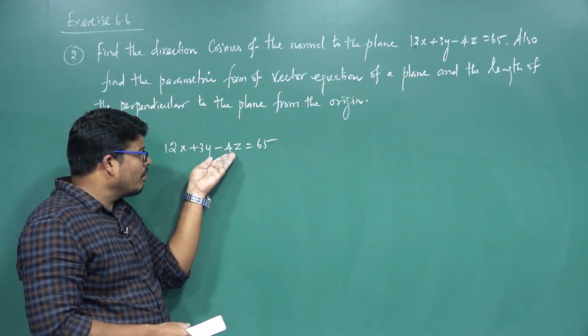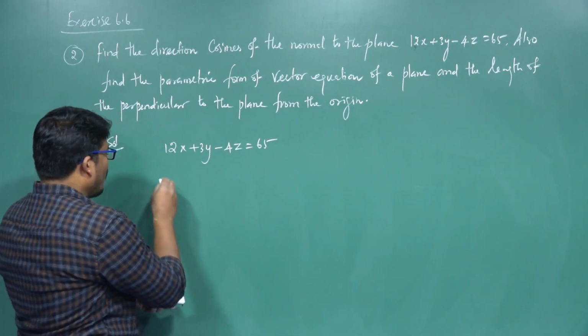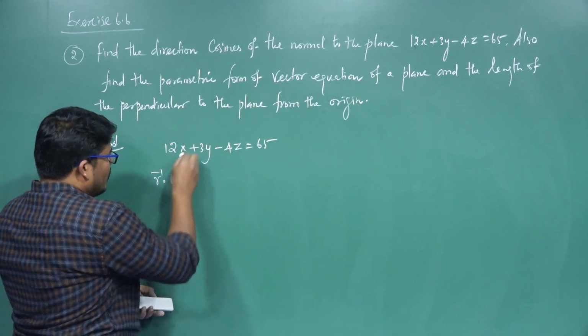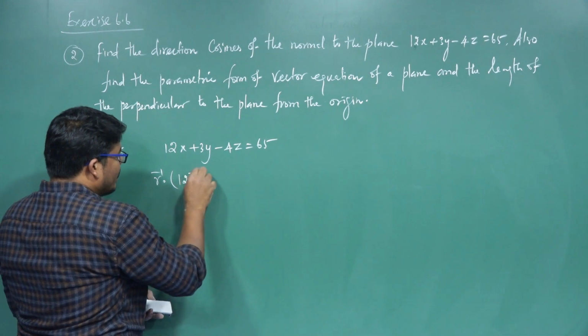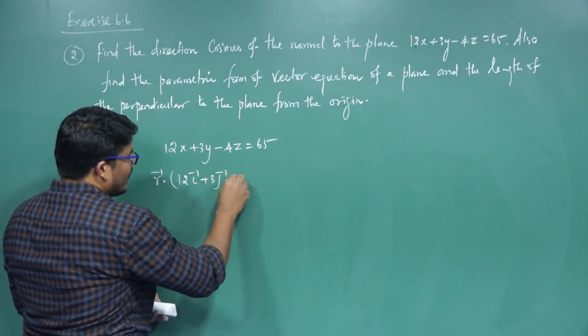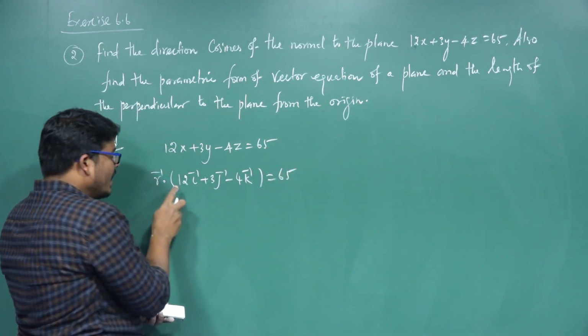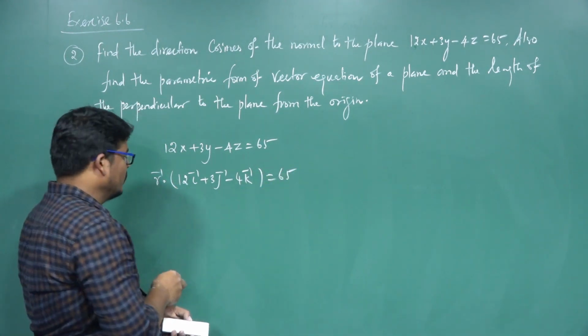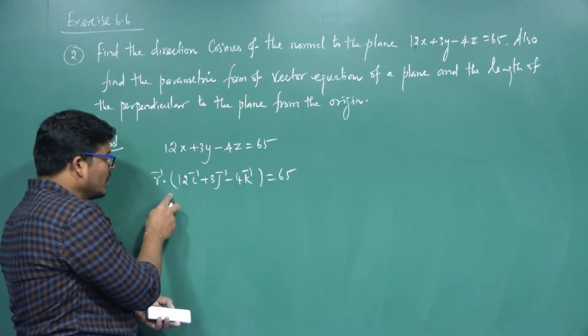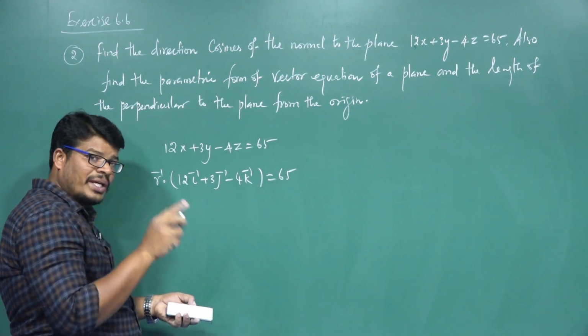Now writing the equation of the plane in vector form: r vector dot 12i vector plus 3j vector minus 4k vector equal to 65. Let r vector equal xi plus yj plus zk.